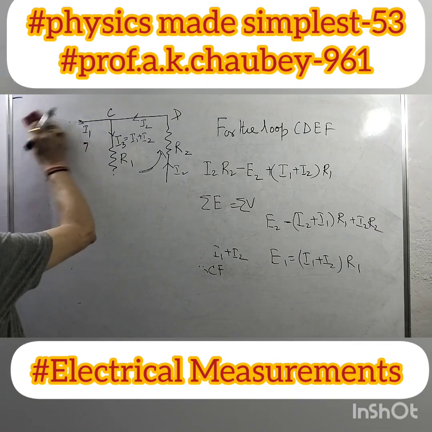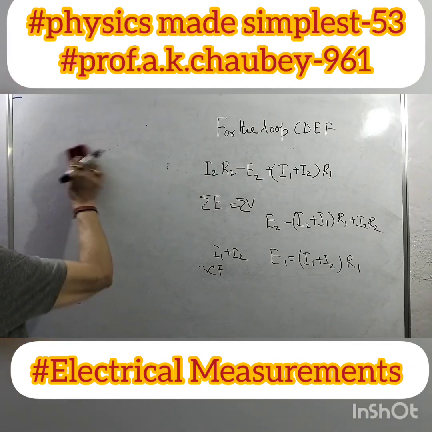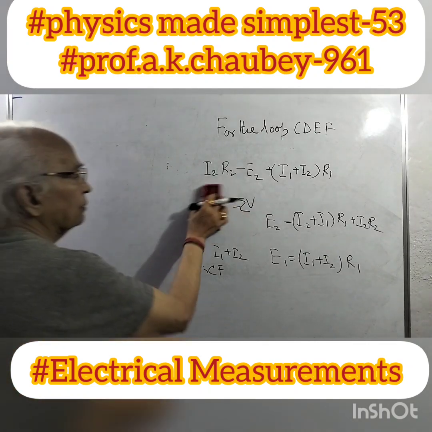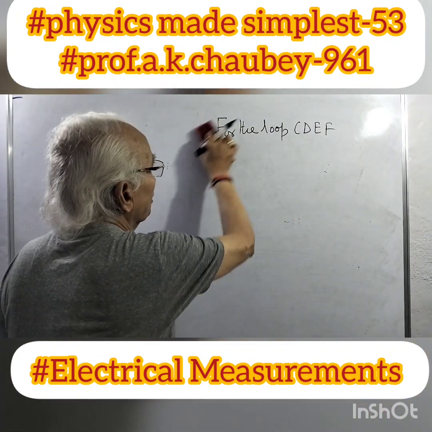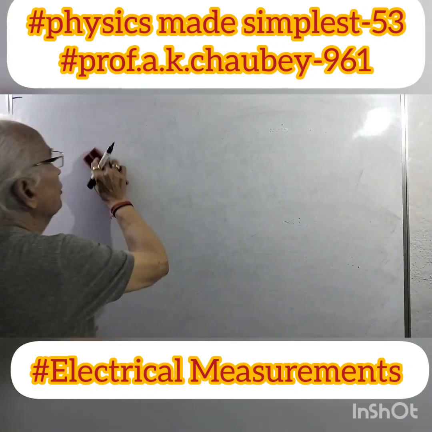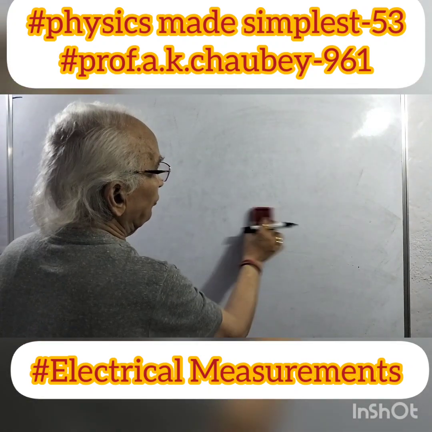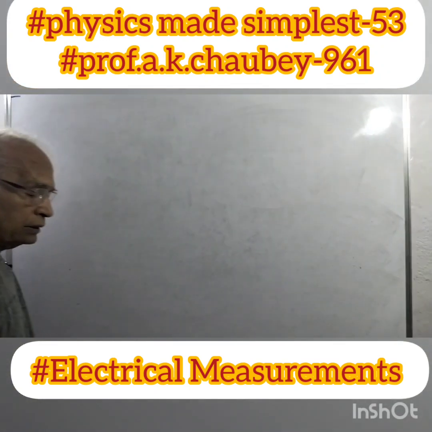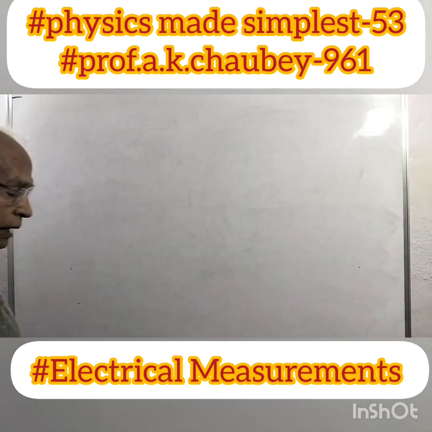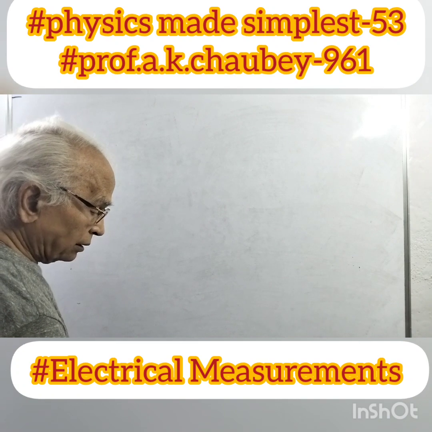This is so far DC. When we use AC, it will be complex algebra, that is, imaginary, complex numbers will come. So we will apply Kirchhoff's laws to solve various circuits, that is, circuit analysis can be done.